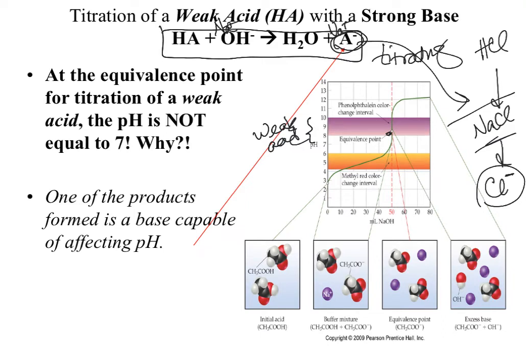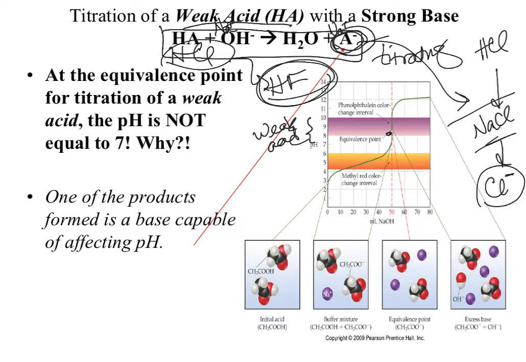However, if you start with a weak acid, so instead of HCl, let's say you start with HF. That's the only halide that's a weak acid. If you start with that, what you're going to end up with as your salt is F minus, not Cl minus. Now, F minus is capable of changing pH, and we're going to talk about why.